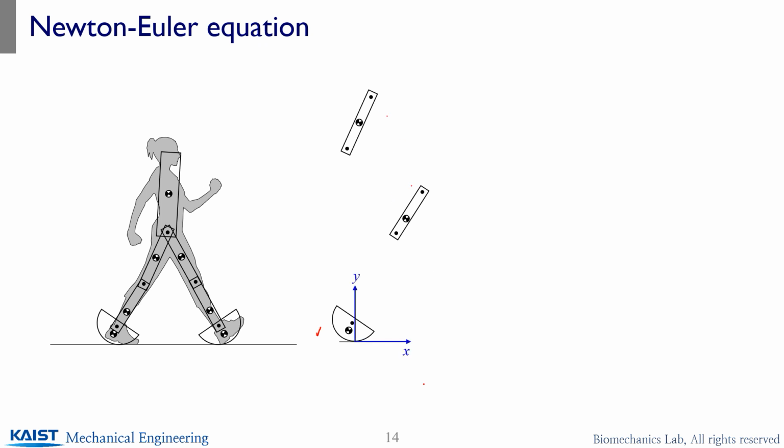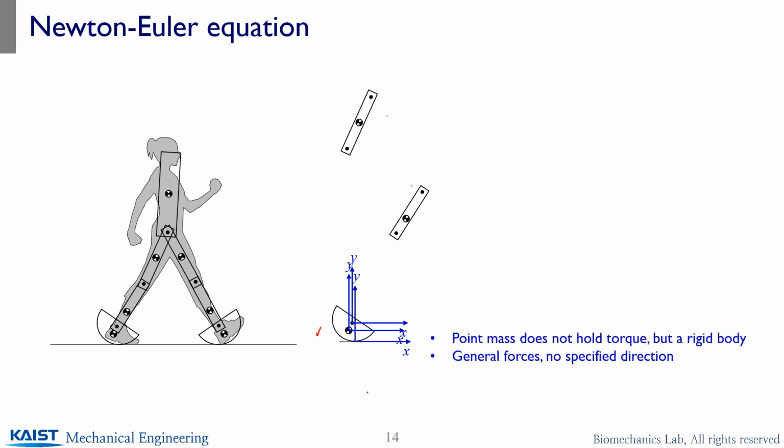Now, the first step is to set the reference coordinate frame. I'm going to set the reference at the ground, or somebody might set the coordinate at the center of mass, why not? And somebody might set it at the hinge point connecting to the other segment. Either one is okay. Depending on where you put the reference frame, just stick to it coherently.